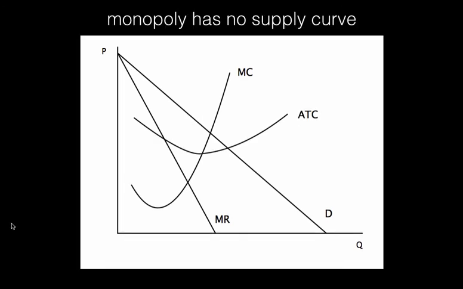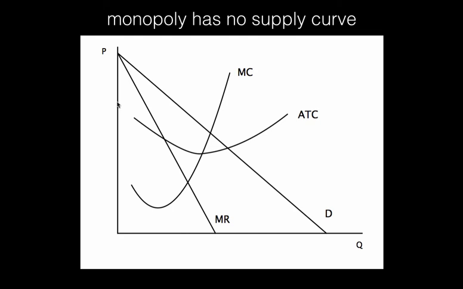So let me just point out that a monopoly doesn't actually have a supply curve. Remember what a supply curve is. You give me a price and I'll tell you the quantity supplied. So for a perfectly competitive firm, that part of the marginal cost curve that we saw above AVC was the firm supply curve, because if you gave me a price, I just go over to marginal cost and that will tell me what the quantity supplied is.